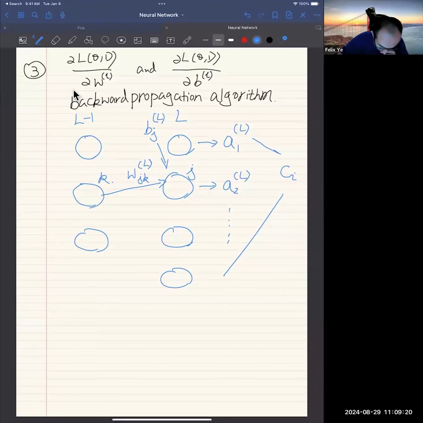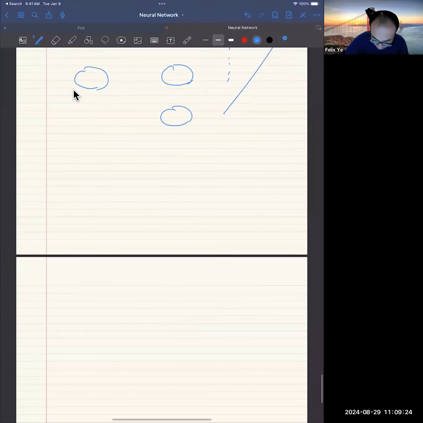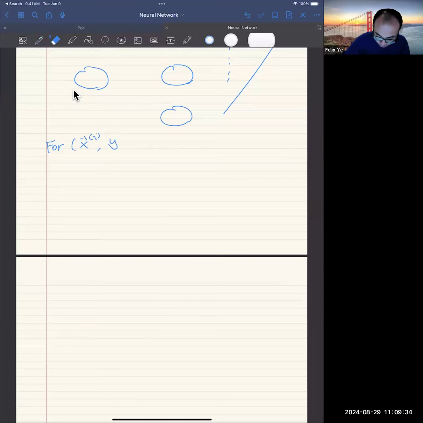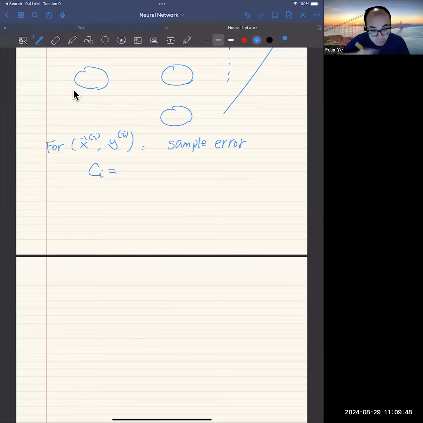We think about everything in terms of stochastic gradient descent, which means I only pass in one x_i and y_i. I have this sample error, called C_i, where I only consider the error for one point.